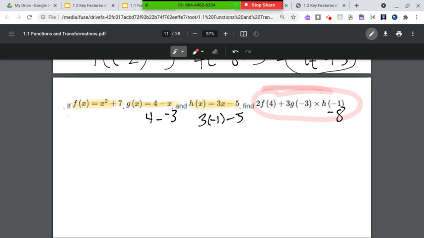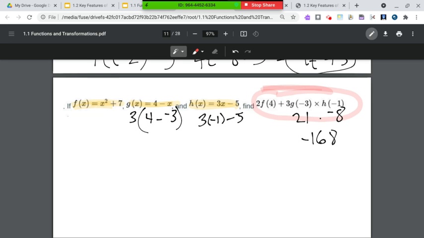And then that outside 3, we multiply by 3 and we get 21. Then we multiply 21 by -8 and we get negative 168. You got it.